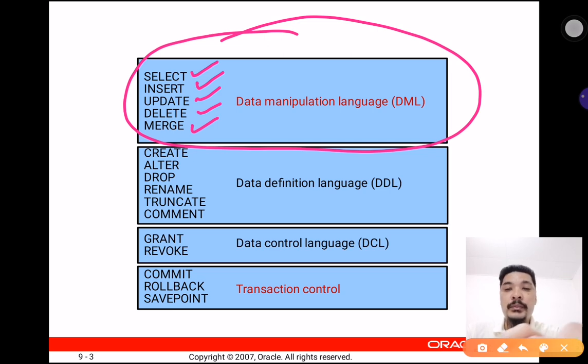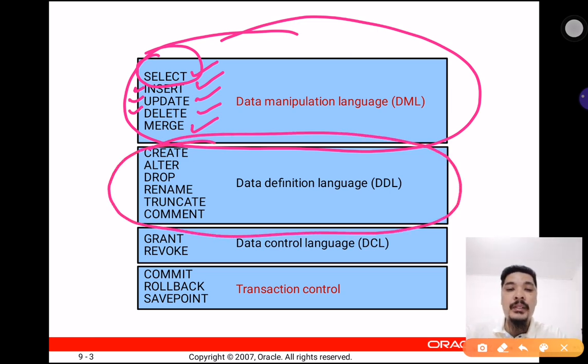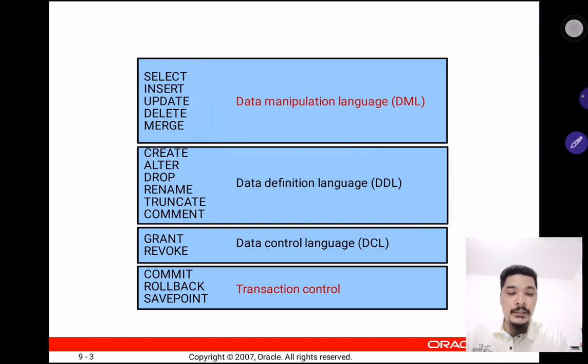The one we previously used quite frequently is select: select column from table where, and so on. In this lesson, we are going to look into how to insert, update, and delete. For the next lessons, we are going to look into data definition language (DDL). So let's move to the next slides.